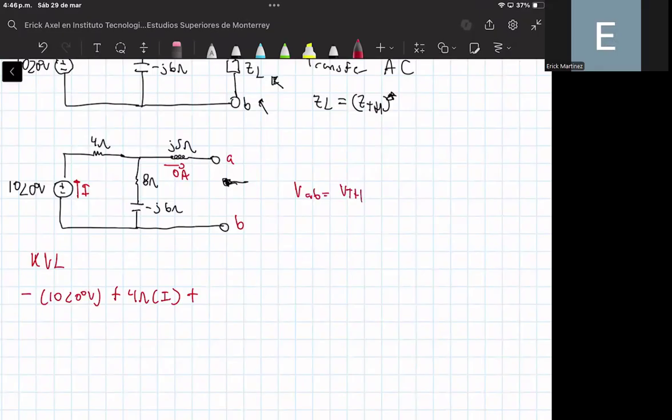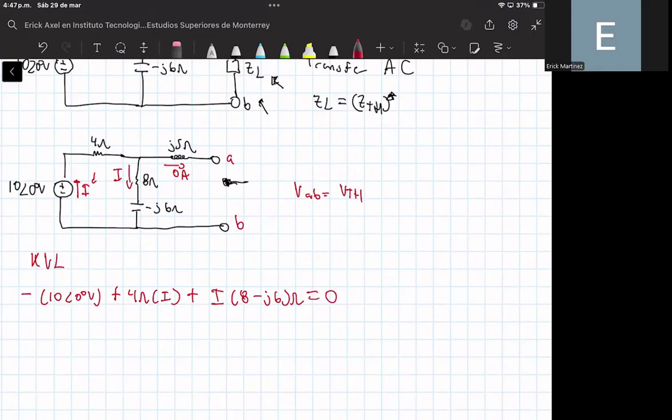There is no voltage drop in this element because of the open circuit, so the current I will only flow through this direction. So the voltage drop in these two elements will be equal to I times the impedance of these two elements, 8 minus j6 ohms, and this is equal to 0.